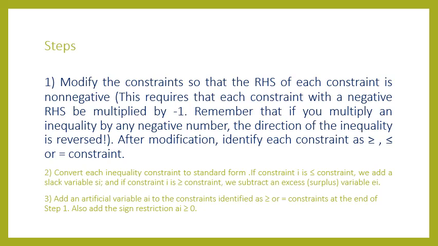Now, the second step: convert each inequality constraint to the standard form. If constraint i is a less or equal constraint, we add a slack variable Si. And if constraint i is a more or equal constraint, we subtract an excess surplus variable Ei.